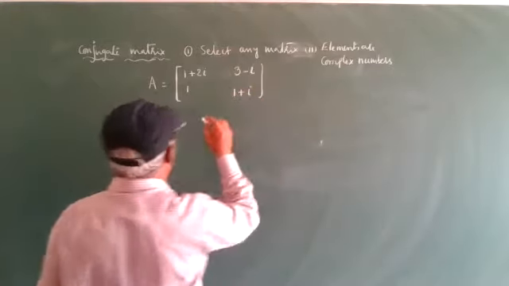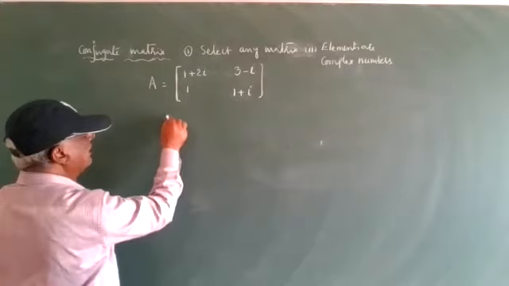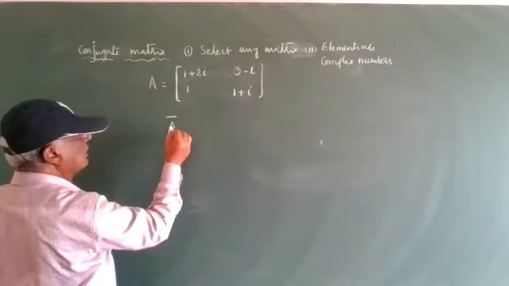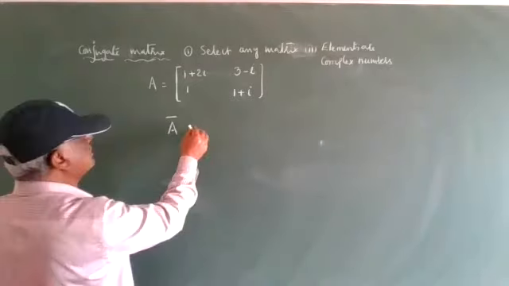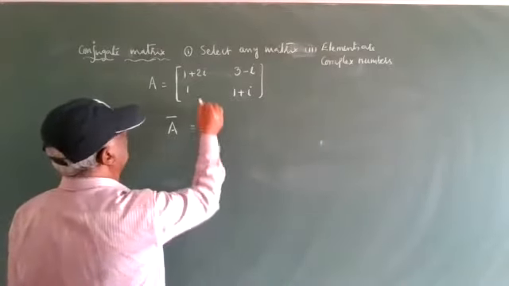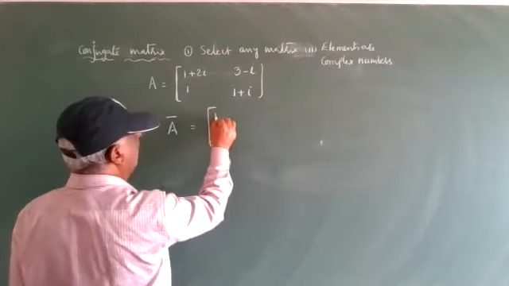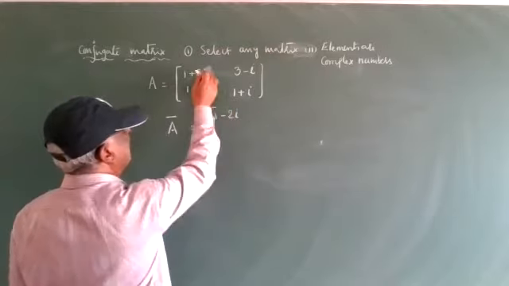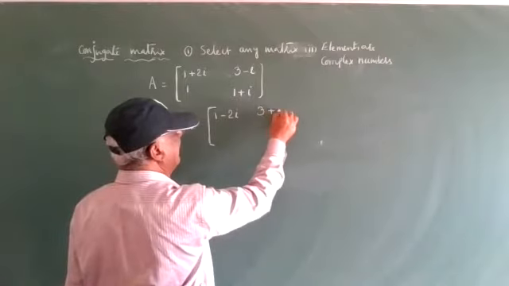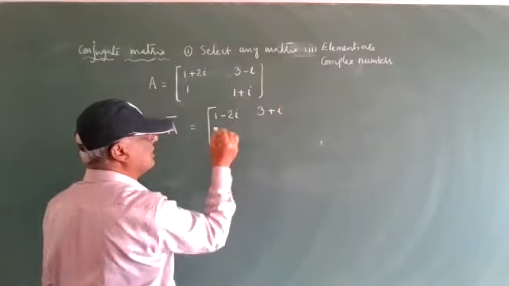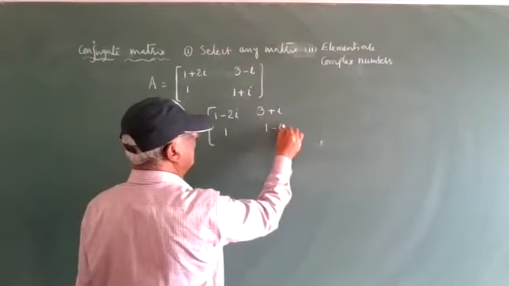Its conjugate matrix is represented by A bar. A bar means every element conjugated. Write down every element's conjugate: 1 minus 2i, plus i replaced with minus i, minus i replaced with plus i. Here is a 1, no change for the real number. And here plus i is replaced with minus i.